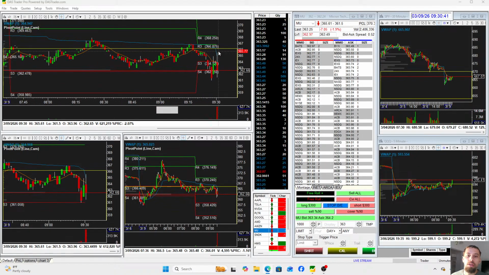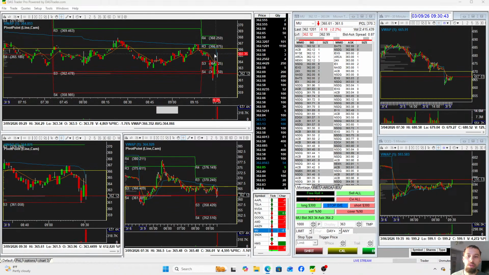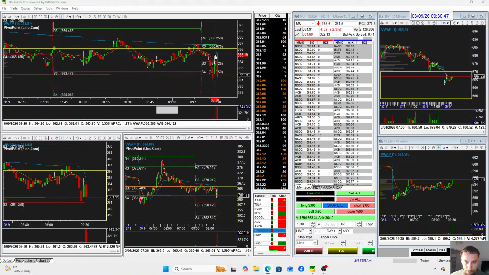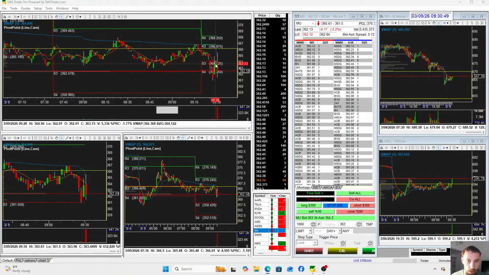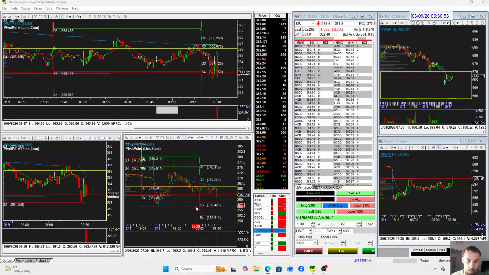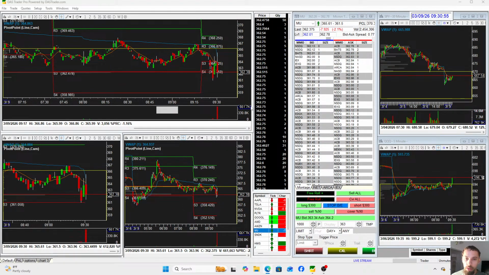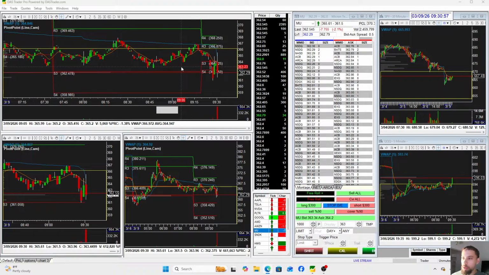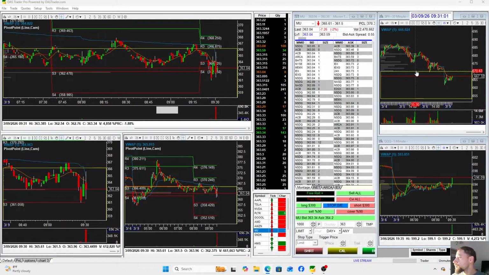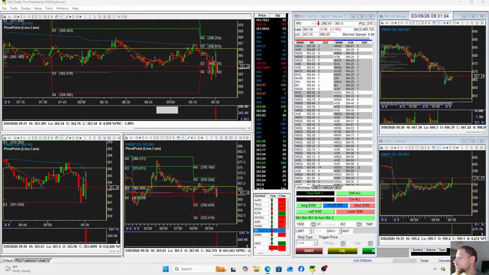Almost tested it here. But usually the first couple minutes here can be quite volatile. So if this stock does move down without me, which I would probably be looking for a move down, just because the market seemed a little bit more bearish, doesn't mean that it will go down, but that's something to keep in mind here.